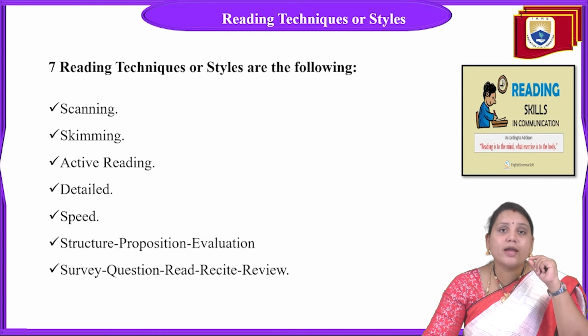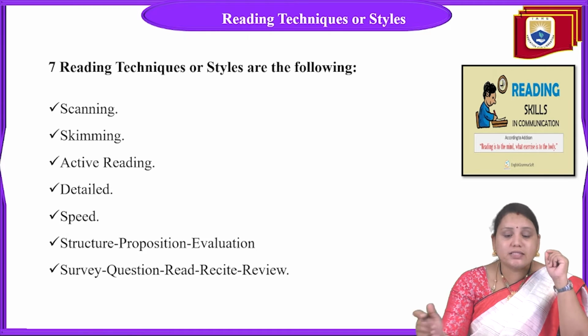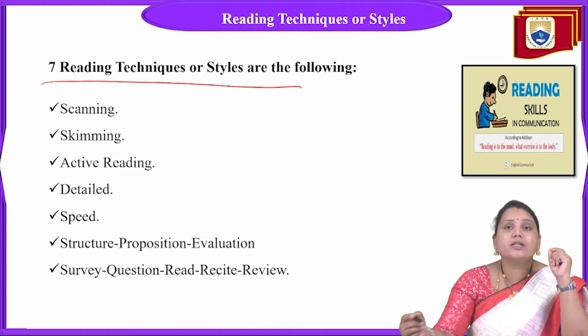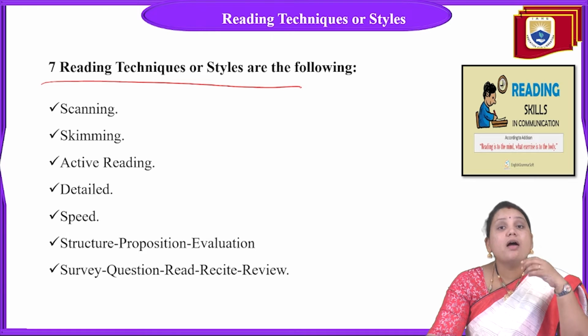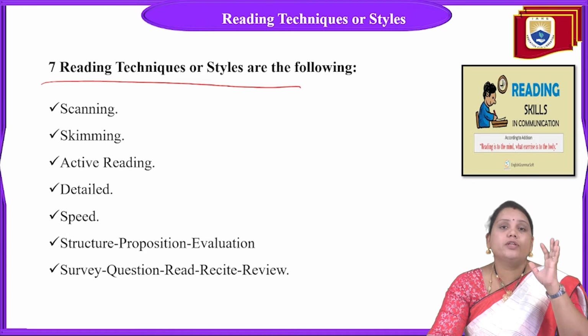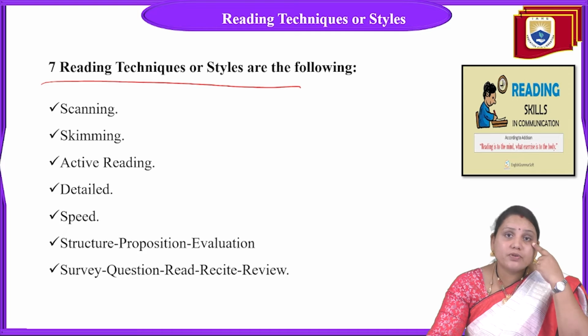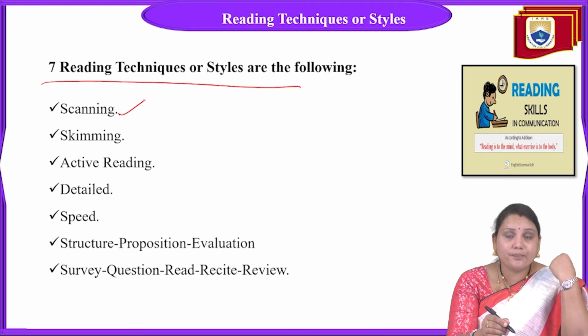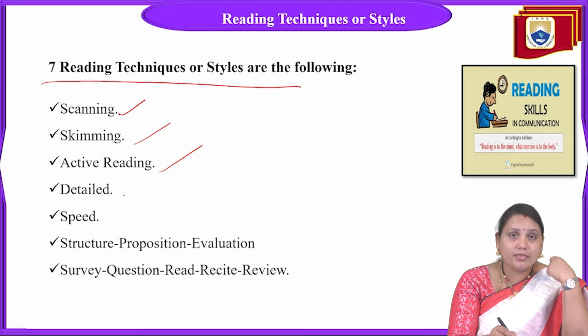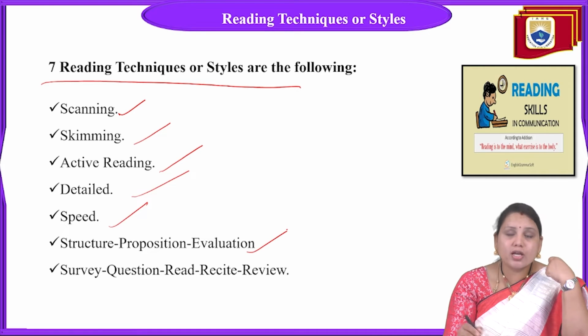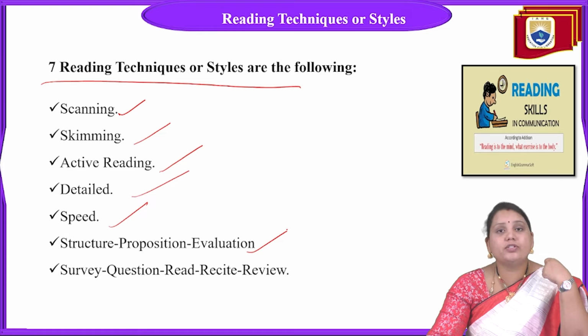Now, let us try to understand these 7 reading techniques or styles: where and how we are going to use them, and in what kind of situation. Now, what is the first one? It is scanning. Next is skimming. Then active reading, then detailed reading, speed reading, structure, proportion, evaluation.